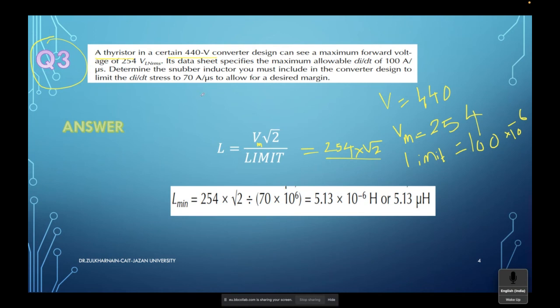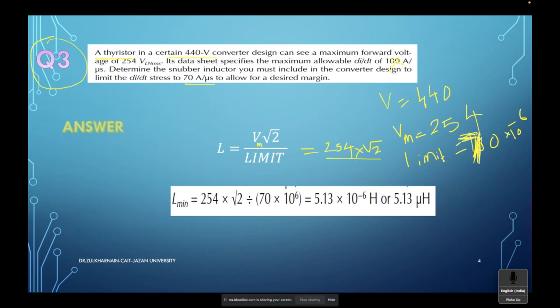And he is also saying 70 ampere per micro. Sorry, this is 70 ampere per microsecond. So you do not have to use this 100. This is not useful in your solution. Only this 70 is useful.